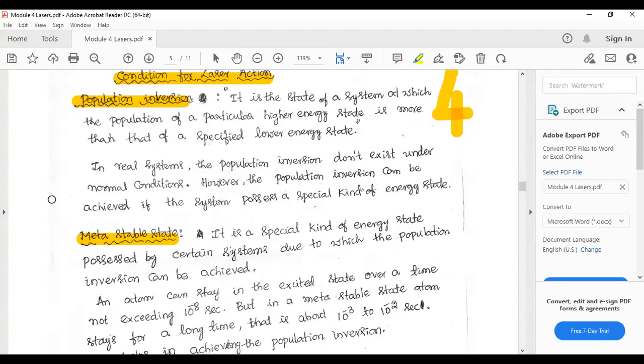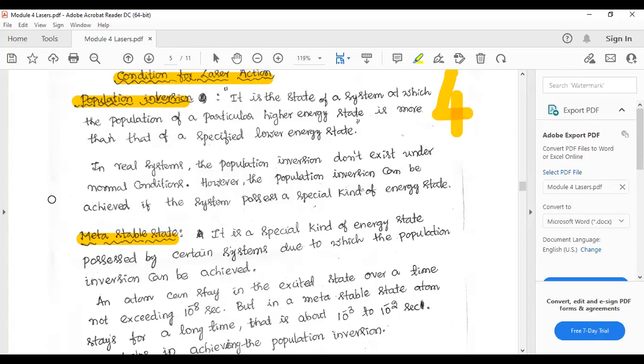The higher energy state atoms will come back to the ground state by emitting laser light. To get more and more laser light, we have to achieve population inversion. If there are more atoms in the ground state, then you have to forget about stimulated emission, right? To achieve stimulated emission, we require more atoms in the excited state.